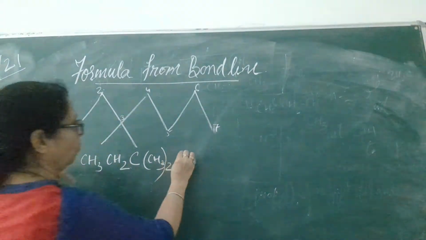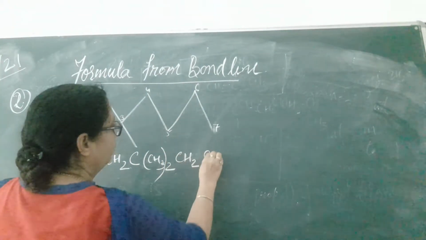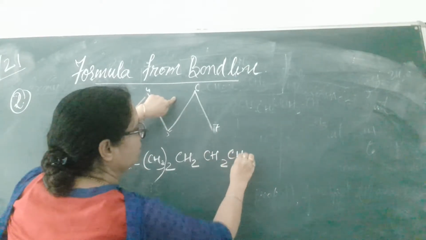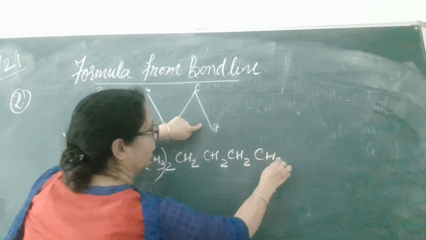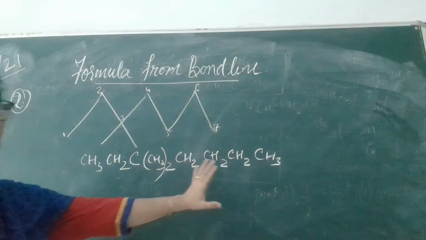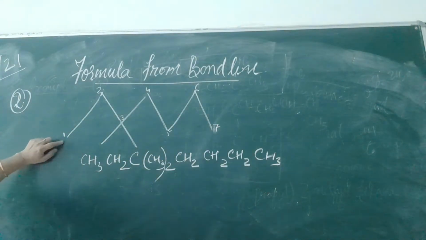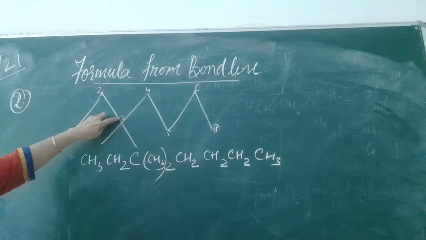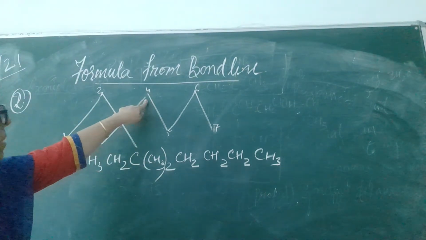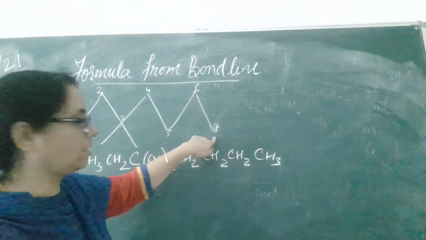Then you come to the 4th CH2, 5th CH2, 6th CH2, then CH3. This is the complete structure of this formula: CH3, CH2, C, CH3, CH3, again CH2, CH2, CH2, CH3.